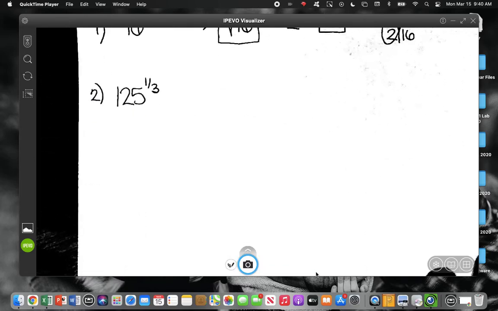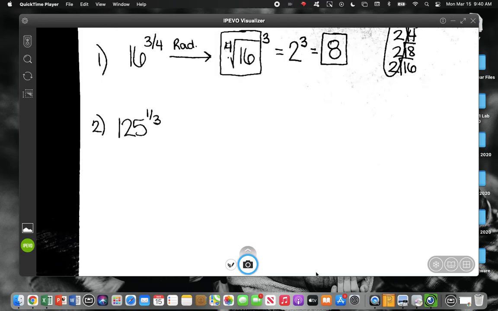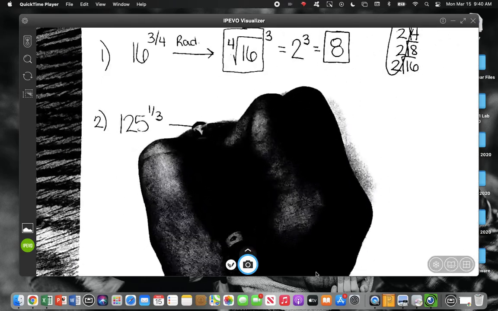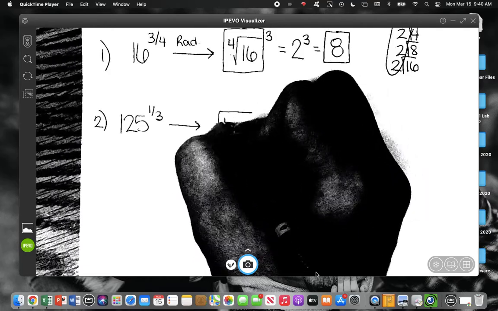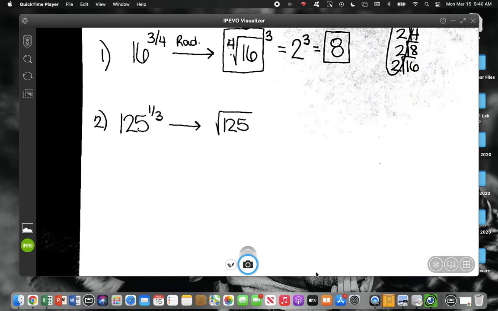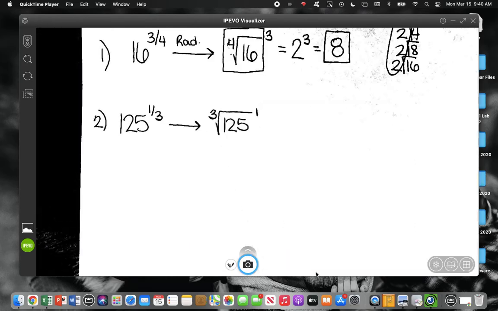Let's try another one. 125 to the 1/3 power. So just like we did on the last one, we want to convert it to radical form. Now, which number is my root? 1 or 3? 3 is my root, and 1 is my power.